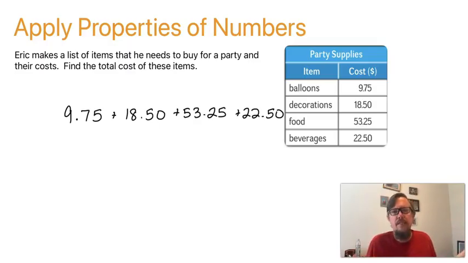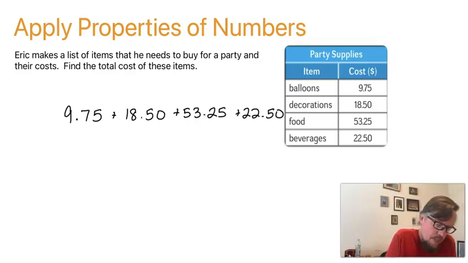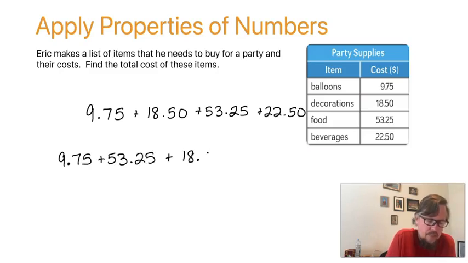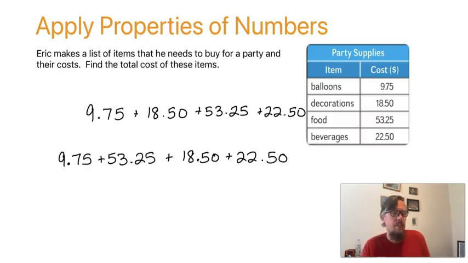Adding 75 cents to 50 cents does not. So I'm going to rewrite this problem so that the $9.75 is added to the $53.25 first. And then I'm going to add the two amounts that end with 50 cents, because 50 cents plus 50 cents is also a dollar, so that makes it much easier.